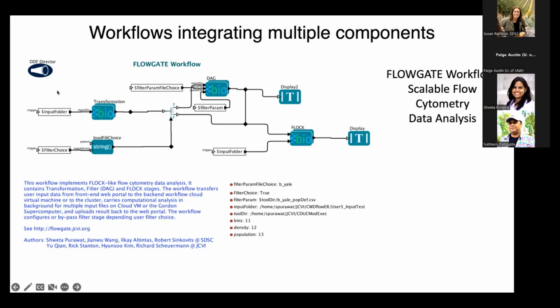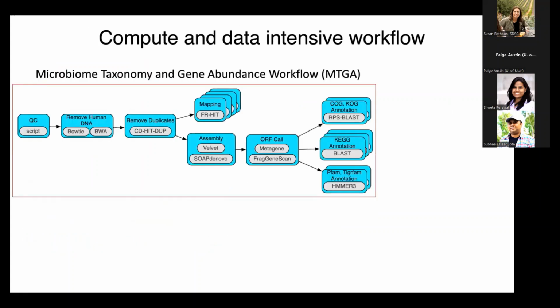It gets the data from the front end, transforms using R, and then the user can give feedback from here if they want to go for a filtering step or not. If they don't want, they can skip and perform the flock analysis, which is a C-based program. So this is one of the workflows.